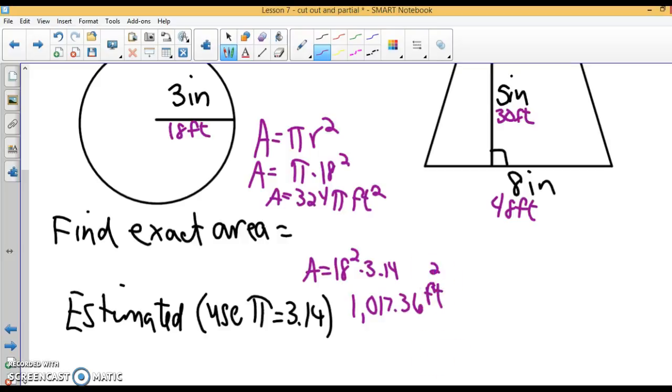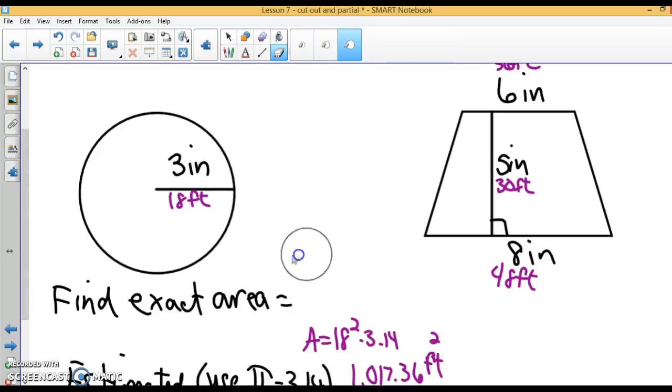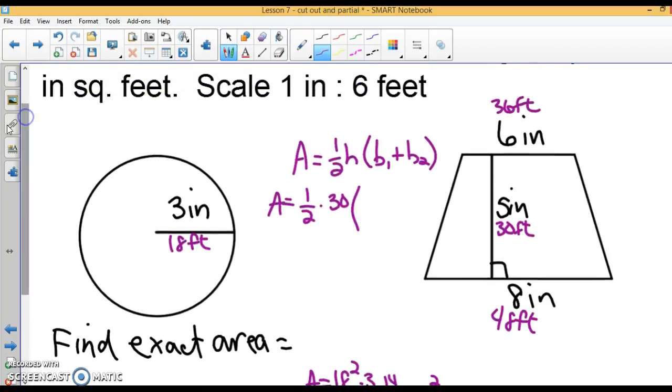All right, this next shape is a trapezoid. I'm going to erase this to make myself some more room. Area of a trapezoid is 1/2 times the height times quantity b sub 1 plus b sub 2. Make sure you copy your formula correctly and then you keep the parentheses. So 1/2 times, make sure you use actual. Height is 30 times B sub 1 is 36 plus B sub 2 is 48.